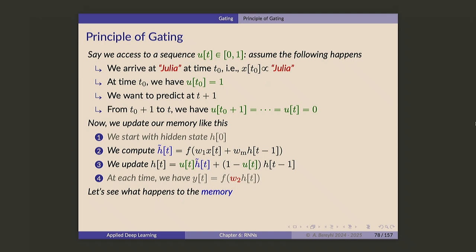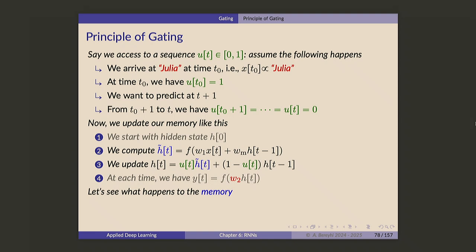Now, what's going to happen if I put u at 0 at one time? If u is 0, the hidden state that I computed at that time is simply getting ignored, right? And what is my hidden state then?